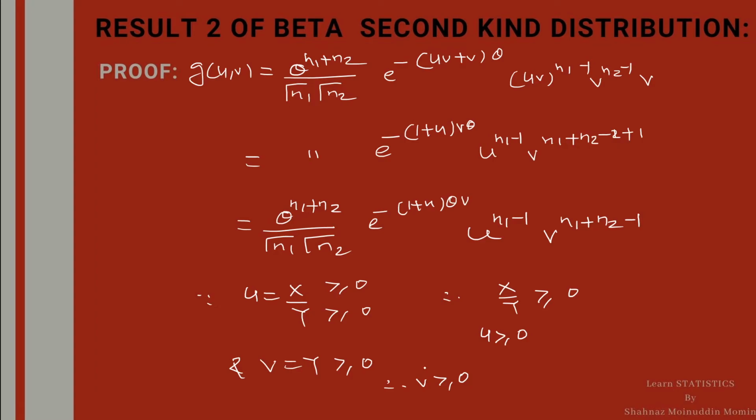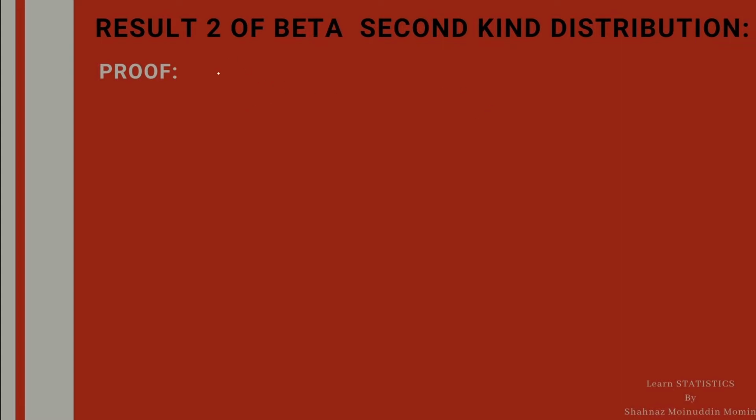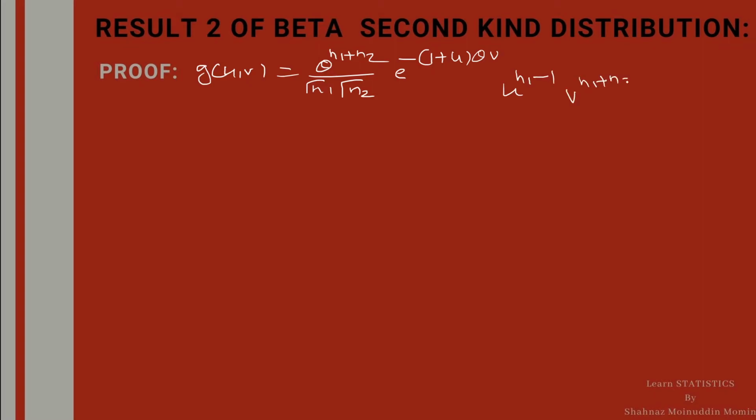We get g(u,v) is equal to theta raised to n1 plus n2 divided by gamma n1 gamma n2, e raised to minus (1 plus u) theta v, into theta, into v, u raised to n1 minus 1, v raised to n1 plus n2 minus 1, with u positive and v also positive. This is the joint PDF of u and v.